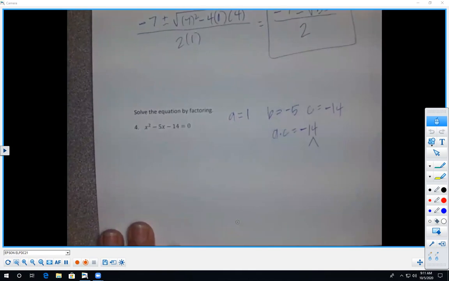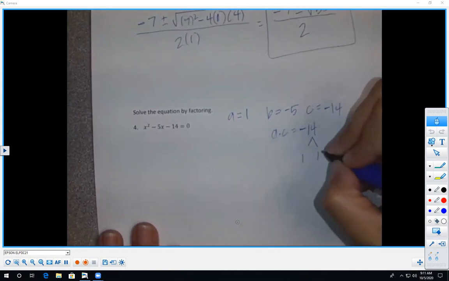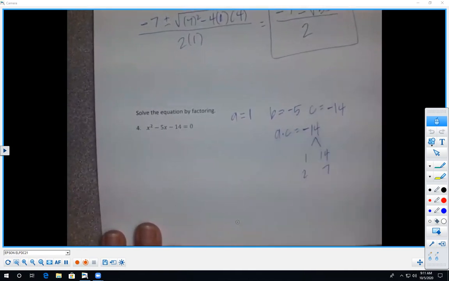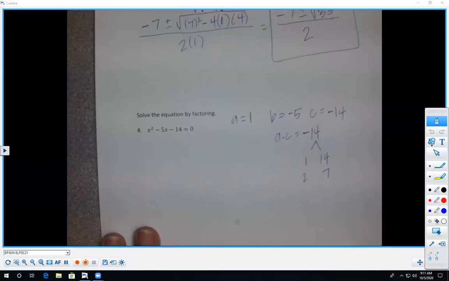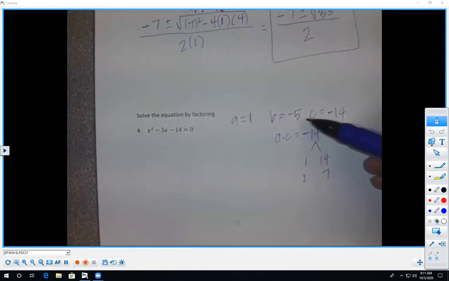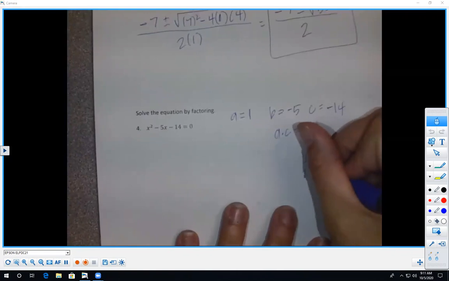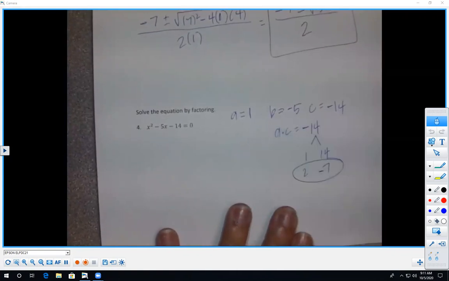Things that multiply to give me 14 are 1 and 14, 2 and 7. Which set is going to give me negative 5? 7 and 2. To get negative 5, it needs to be negative 7, positive 2.